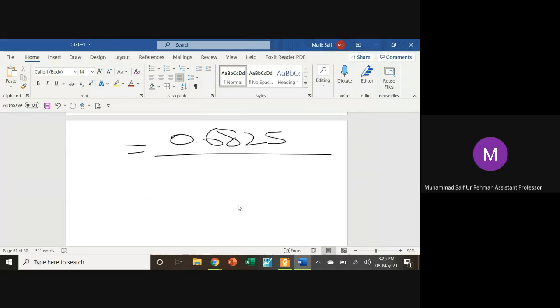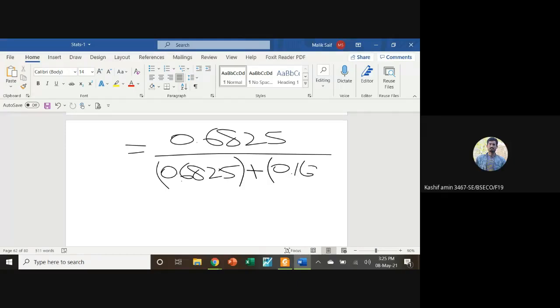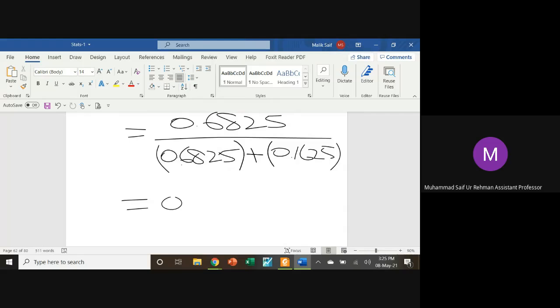So this term will be the same, 0.6825, and calculate for the other term. 0.25 multiplied by 0.65. 0.1625. Now add these two terms that are there in the denominator and solve it. The answer is... the denominator is 0.845.